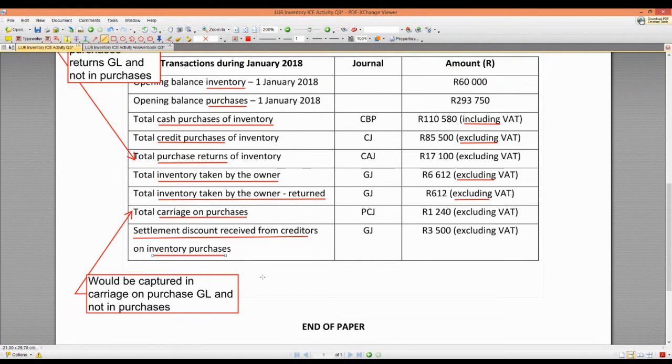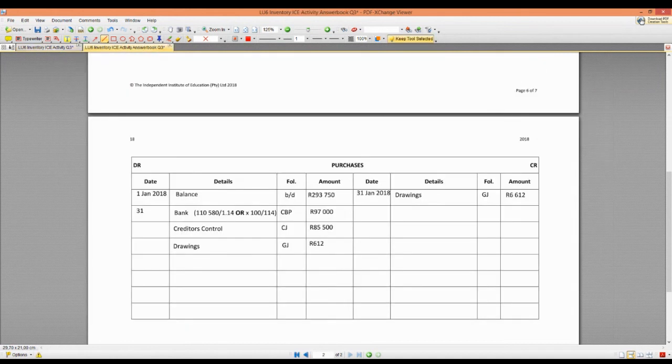So in this scenario, we would then have to reduce the purchases amount with the discount we received from the creditors because we haven't actually paid that amount for the inventory at the end of the day. So to make sure that we have the correct cost of sales, we have to reduce the purchases. So we will then capture this on the credit side of our account.